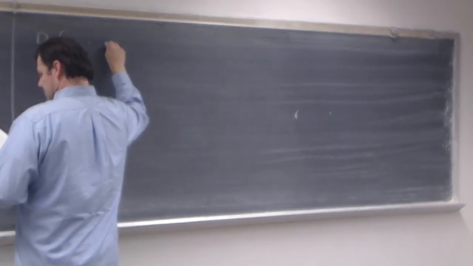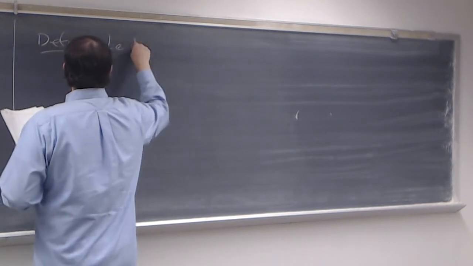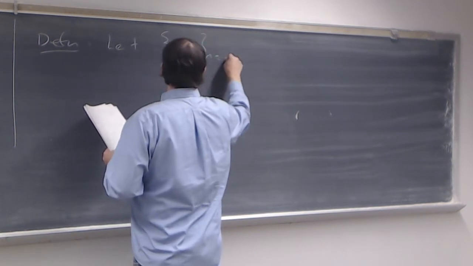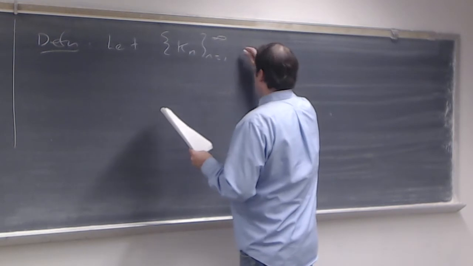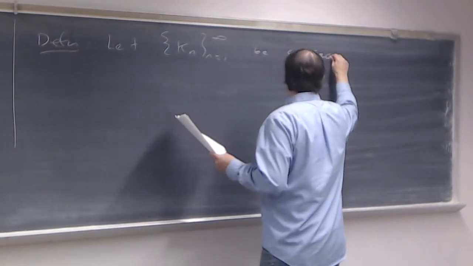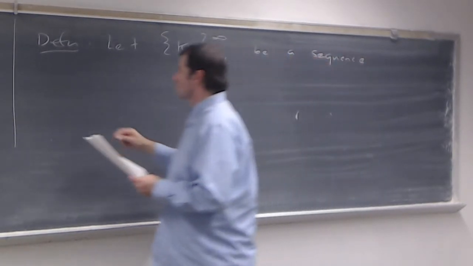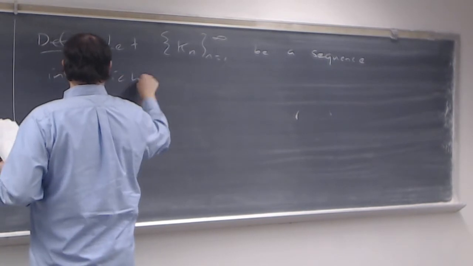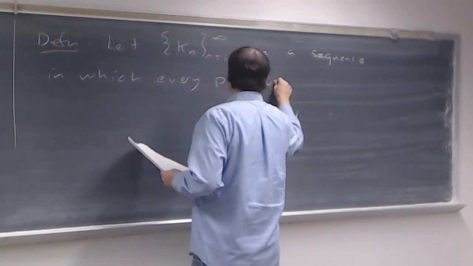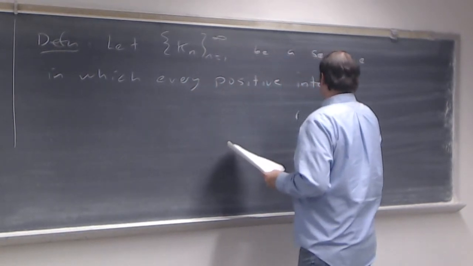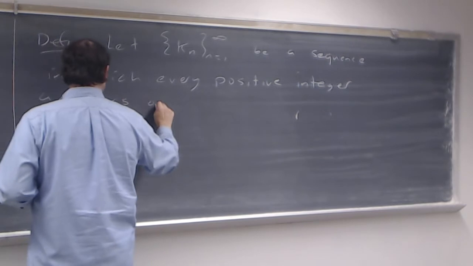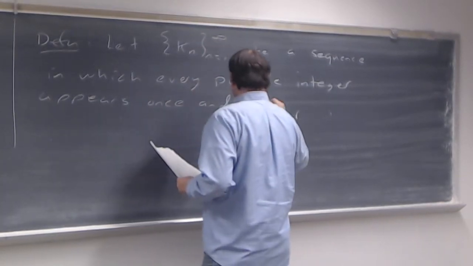It says, we're going to let the sequence K sub n run from 1 to infinity, be a sequence in which every positive integer appears once and only once.